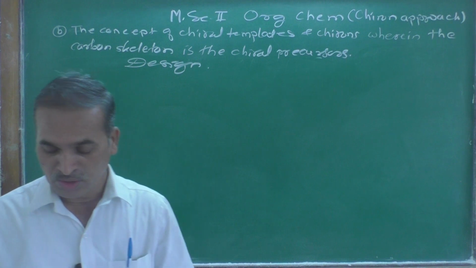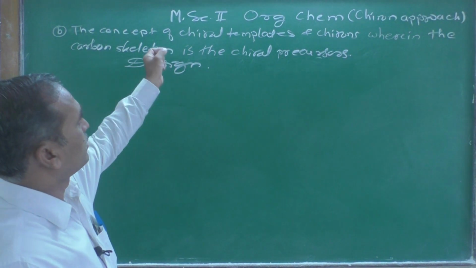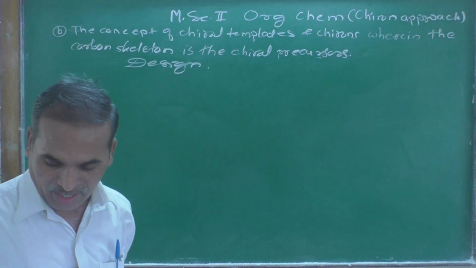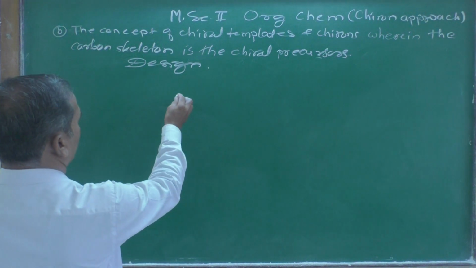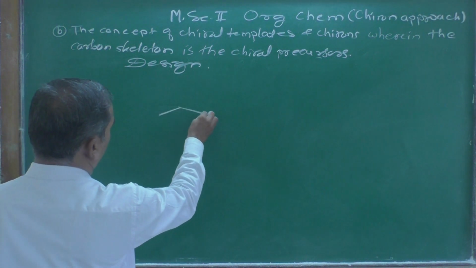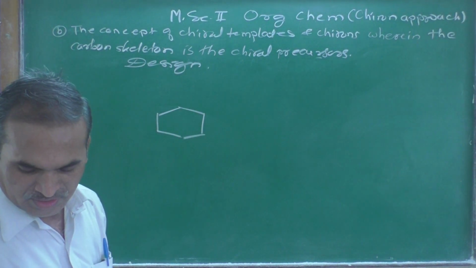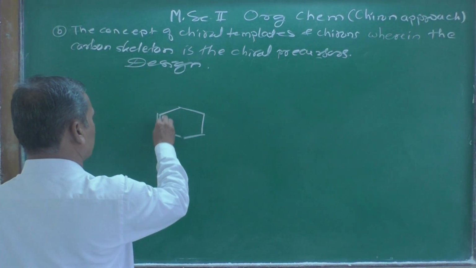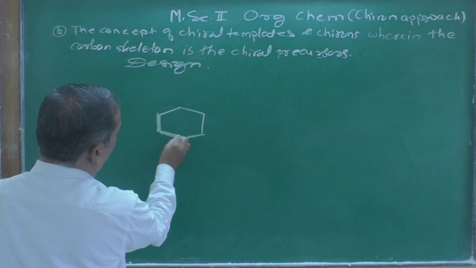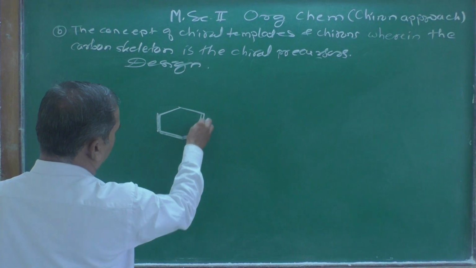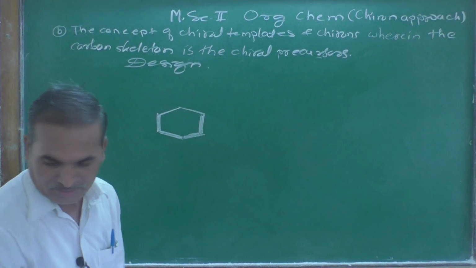Now let us look at how this works, with two terms: one is a chiral template and the other the chiron. Let us see one more target molecule. Here is a 6-membered ring which is drawn. Let us see the carbon framework or the carbon skeleton.